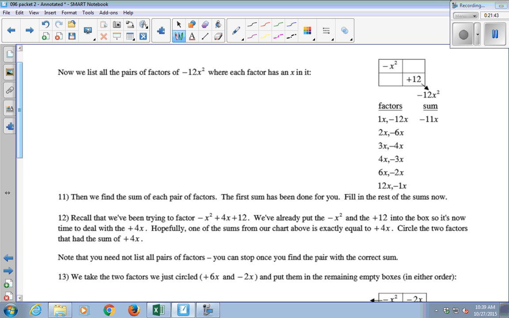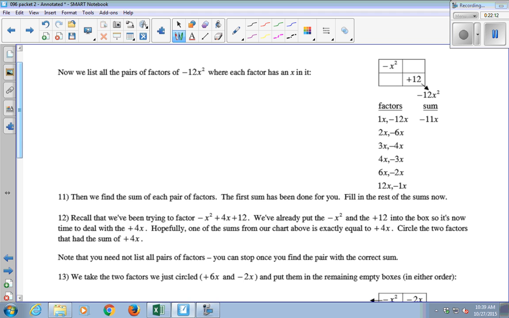So I could multiply a 1x and a negative 12x, a 2x and a negative 6x, a 3x and a negative 4x, and then the same exact factors, but put the negative in the other spot, right? I could have a 4x and a negative 3x, 6x and a negative 2x, or a 12x and a negative 1x. So I have 6 options, 6 things I can multiply together to make that negative 12x squared I'm looking for.